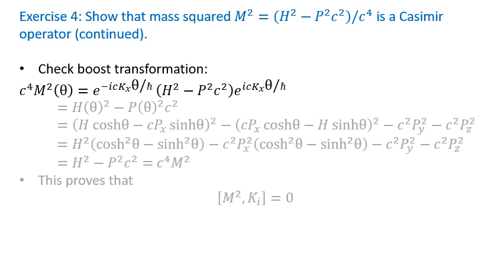So I'm going to apply a finite boost transformation to h squared minus p squared times c squared. Obviously, this is equivalent to using transformed h and p in the usual formula for the m squared.